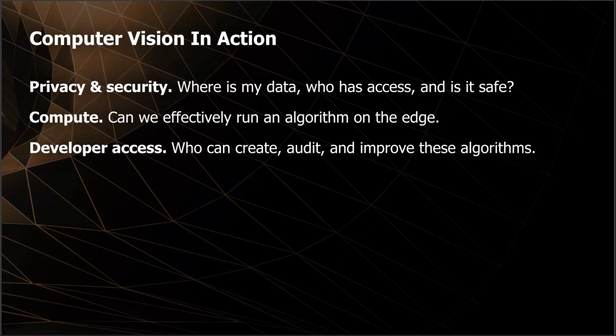And then there's also a barrier of the amount of data available to train these learning algorithms. So there's some hurdles to computer vision at the edge, but we think that with the right alignment and partners, this is a very achievable goal.